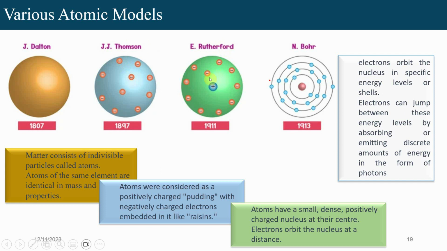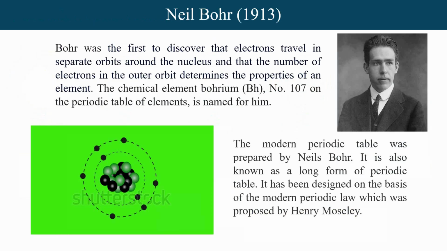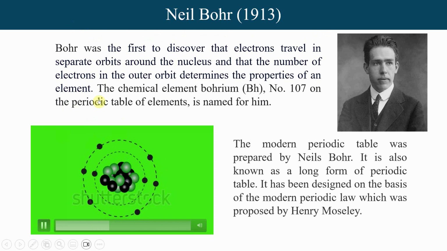In 1913, Niels Bohr expanded upon the Rutherford model and proposed that electrons orbit the nucleus in specific energy levels and shells. Bohr was of the view that electrons travel in separate orbits around the nucleus, and the number of electrons in the outermost shell actually determines the properties of an element.